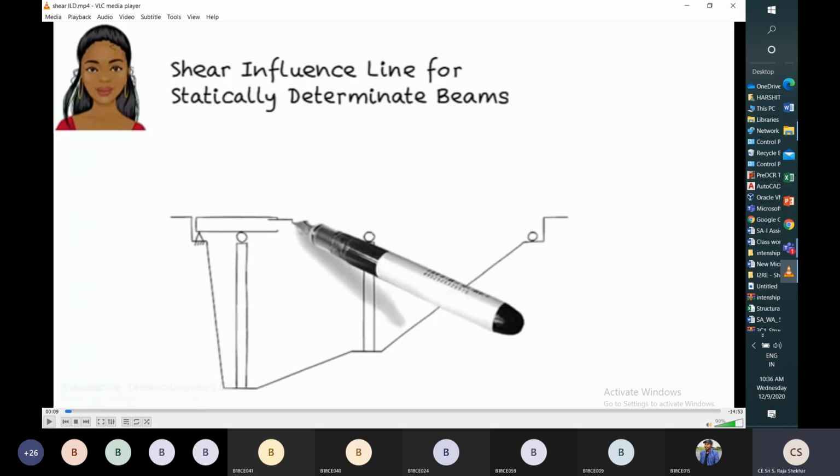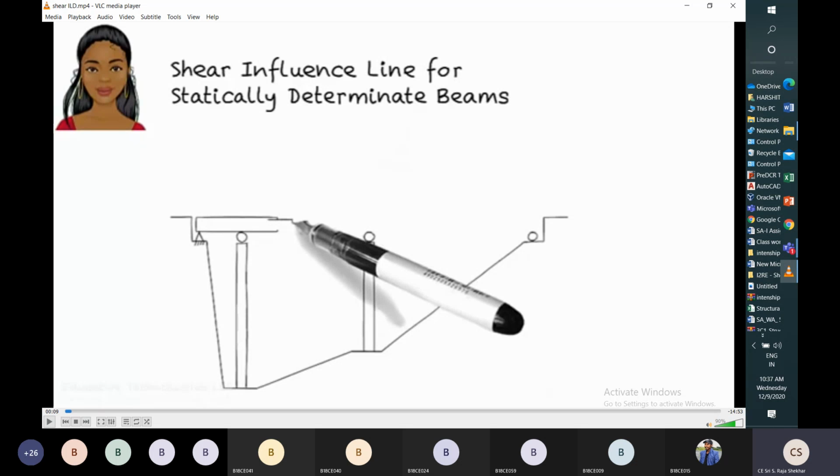Then those beams are called statically determinate beams. So for the calculation of forces in the members and moments in the members, only these equations are enough: sigma Fx equal to sigma Fy equal to 0, moment about any section or any joint equal to 0. If you analyze that beam by using these equations, then it is called a statically determinate beam.